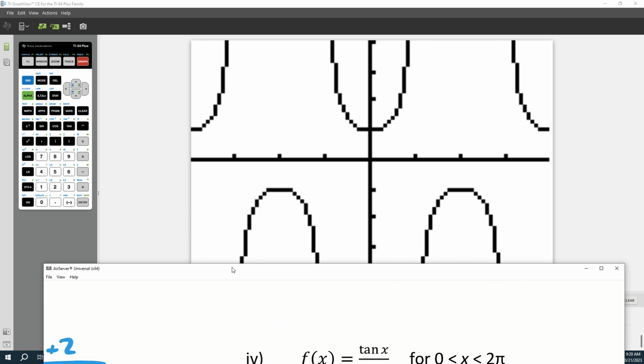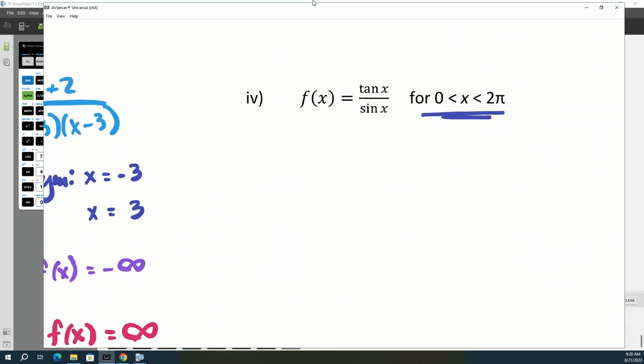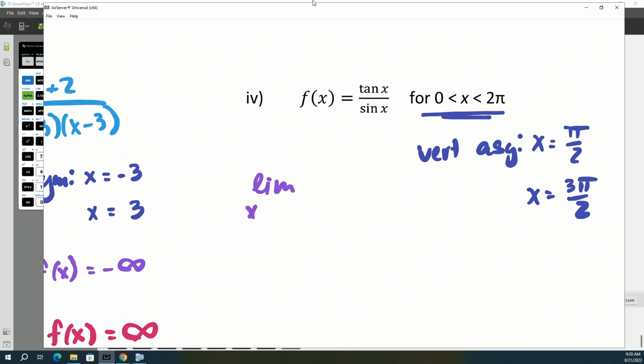All right, now we're only looking at this right here from 0 to 2 pi. So I have 2 vertical asymptotes, one at pi over 2 and one at 3 pi over 2. So this one we're going to have 4 limits again.